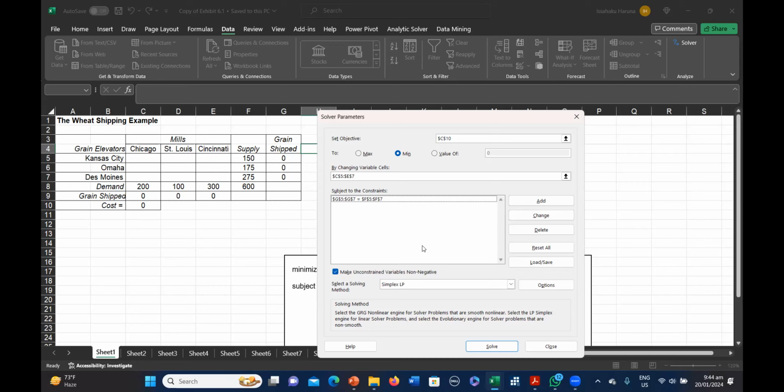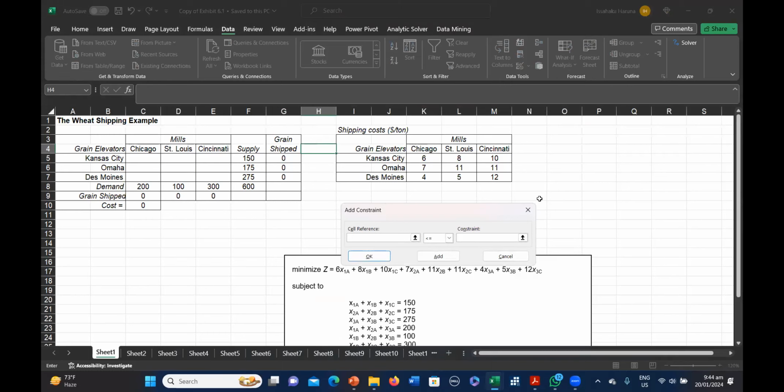Then you add, and you pick from C9 to E9, then you change the sign to equal to, from C8 to E8. Then okay.